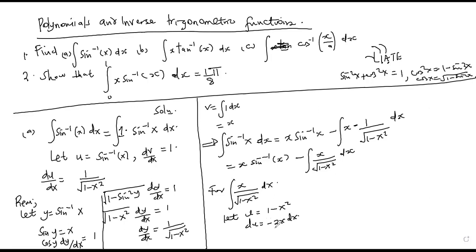So if I need dx only, dx is equal to negative 1 over 2x du. In other words, I've divided by negative 2x on both sides.